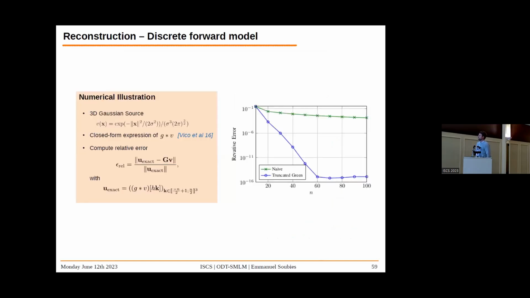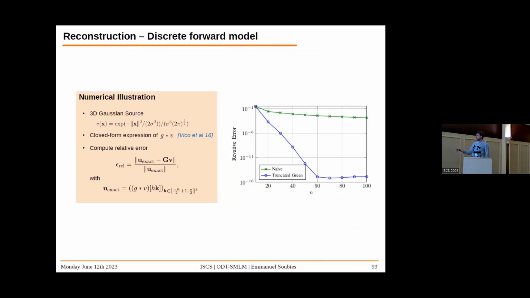Okay, I will just show this. This is a comparison between the computation using this truncated version of the Green function and a naive approach where we just select a discretization of the Green function by taking grid points that do not contain the singularity. Here n is the number of sampling points.